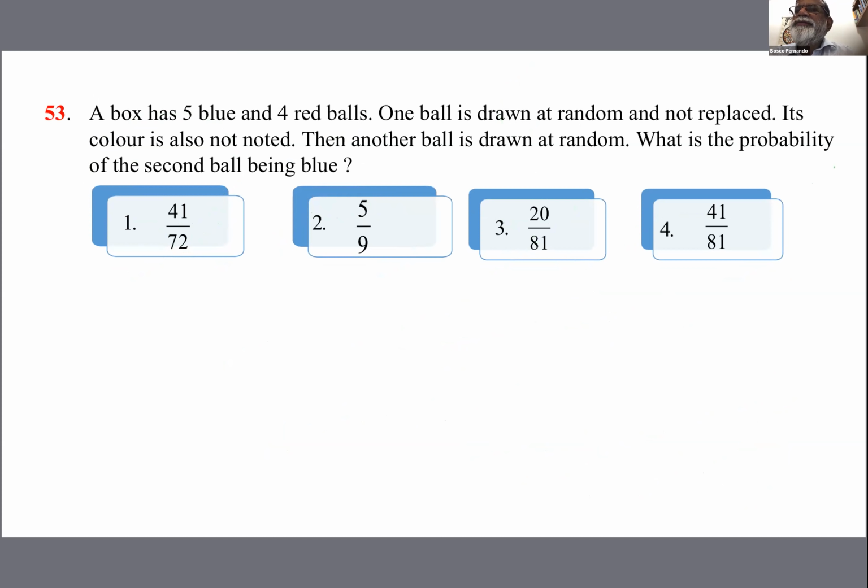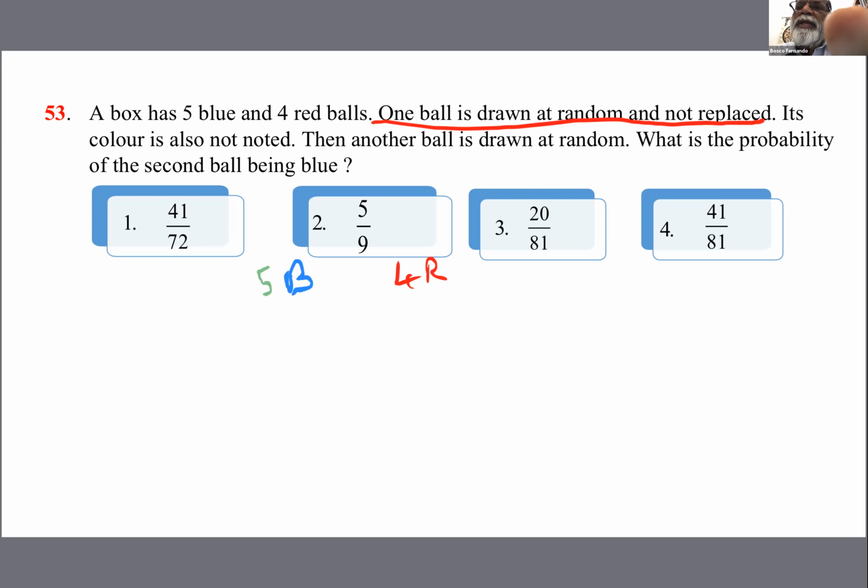Next question. A box contains 5 blue and 4 red balls. One ball is drawn at random and not replaced.